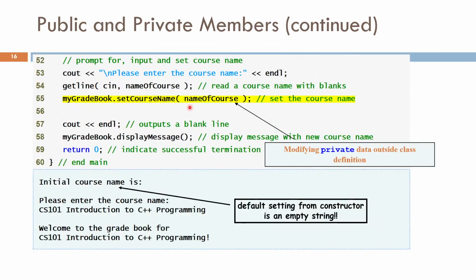So once we set the course name inside it, and we call displayMessage, it also has access to it. So displayMessage will actually show: Welcome to the gradebook for CS 101 Introduction to C++.